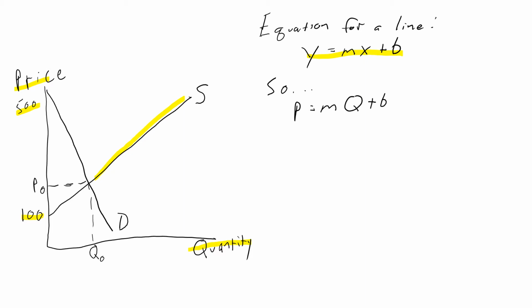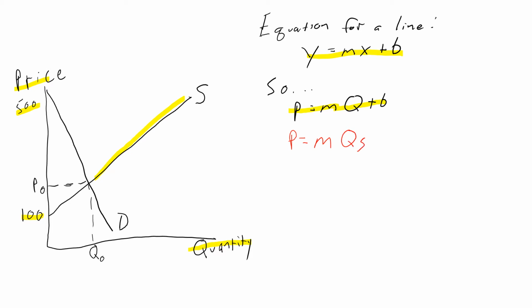So we can plug each of these values into this y equals mx plus b type equation. So we get something looking more like P equals mq plus b. So in this case, we know that price is going to be given. We assume it's the same. So we know that price is equal to m multiplied by q. In this case, we'll say either the quantity supplied or the quantity demanded.